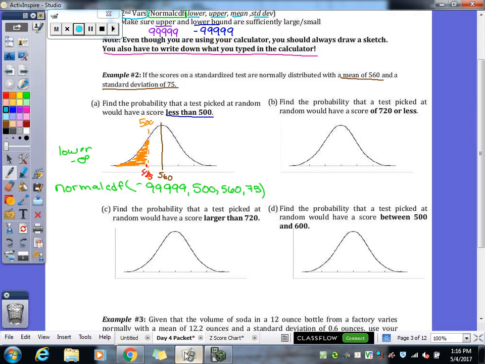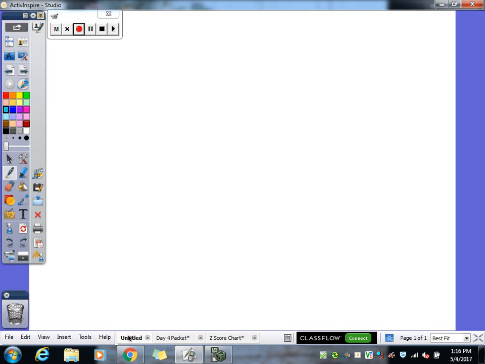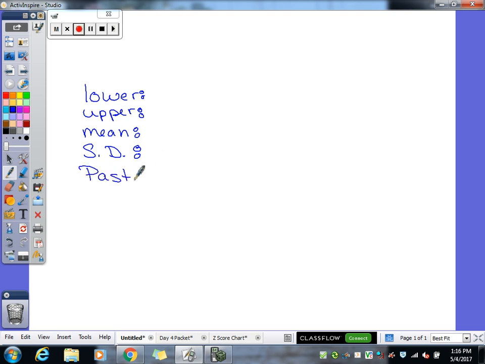For other people, your calculator has created a list where it says lower, upper. I believe it's got the symbol for mean, but it wants the mean next. And then I believe it's got the symbol for standard deviation, but that's what the fourth one is. And then it says paste.